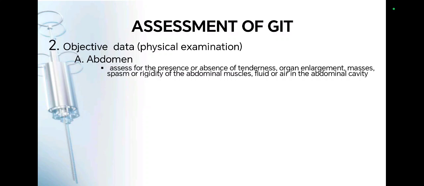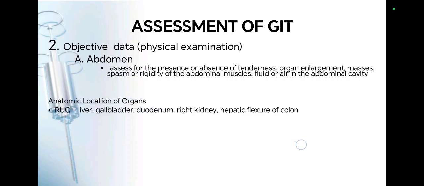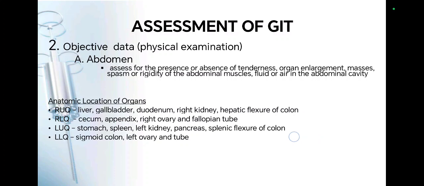For the abdomen, you assess for the presence or absence of tenderness, any organ enlargement, any masses, any spasms or rigidity of the abdominal muscles, and any fluid or air in the abdominal cavity. These are the anatomic locations of the organs in the 4 quadrants of our abdomen. The right upper quadrant includes your liver, gallbladder, duodenum, right kidney, and the hepatic flexure of the colon.